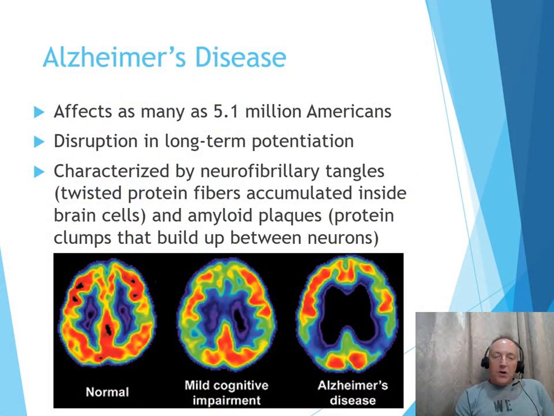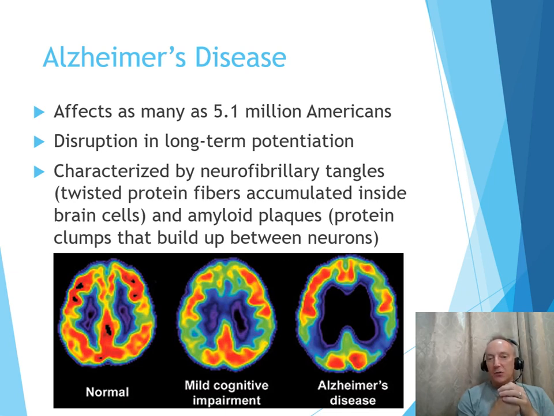So if long-term potentiation is pathways of neurons getting more efficient at sending messages to one another, then probably one of the biggest detriments to long-term potentiation is Alzheimer's disease. Alzheimer's disease disrupts long-term potentiation, and it affects over 5 million Americans.